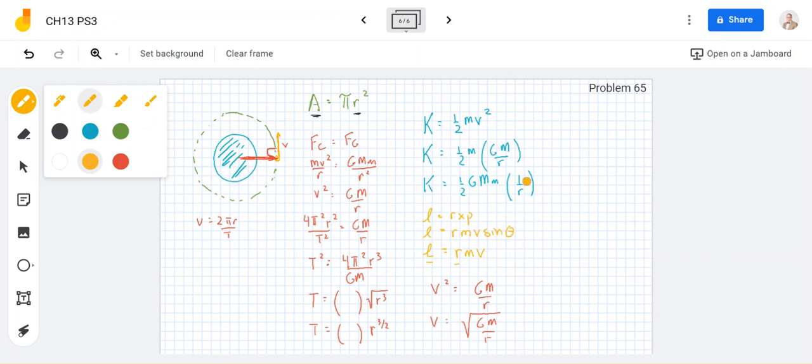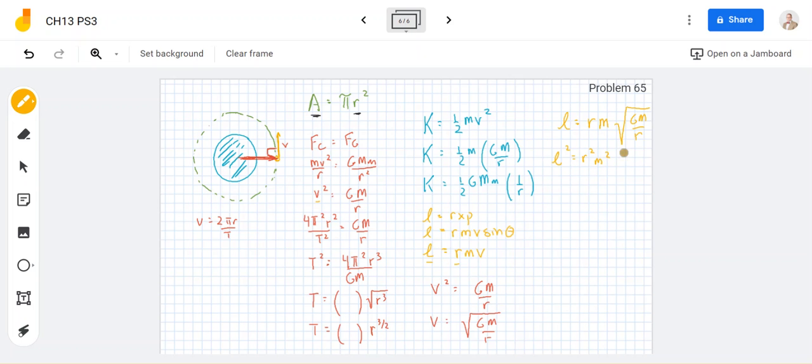You know, I made a slight mistake here. But this v here, this v goes with this. So I actually have to amend this. So let's keep going here. R m, because I can't have a v here because it's dependent on that. So now I got a weird thing. So I've got to square both sides. So L squared, R squared, M squared, G big M over R. And now you can see that one of these R's cancels.